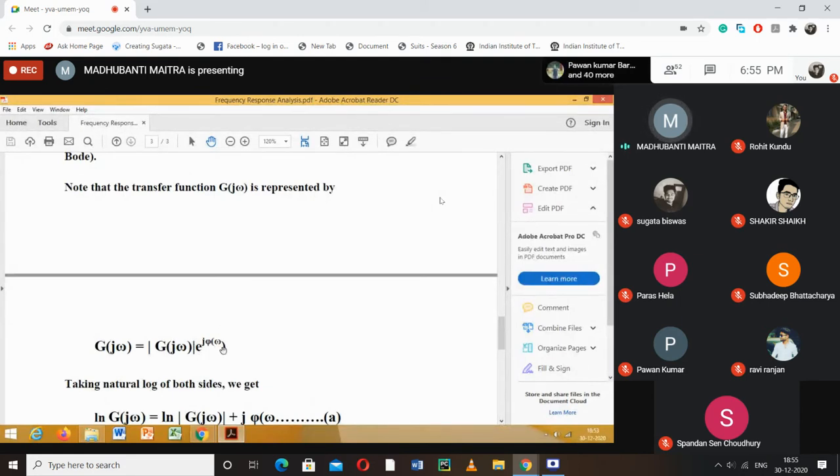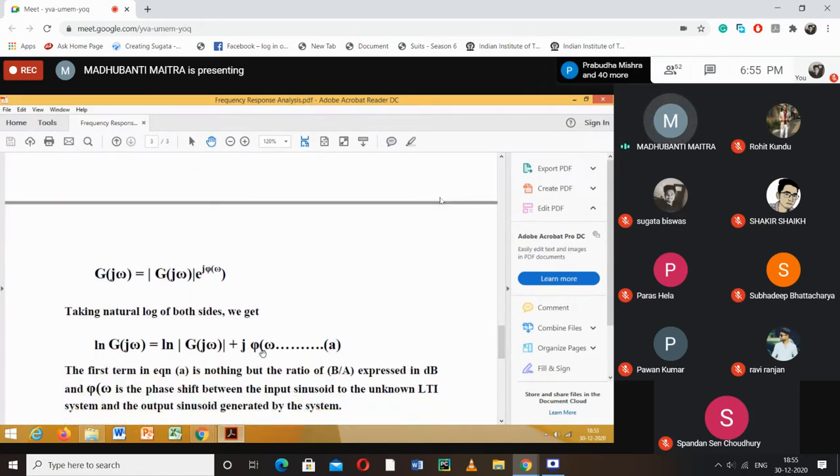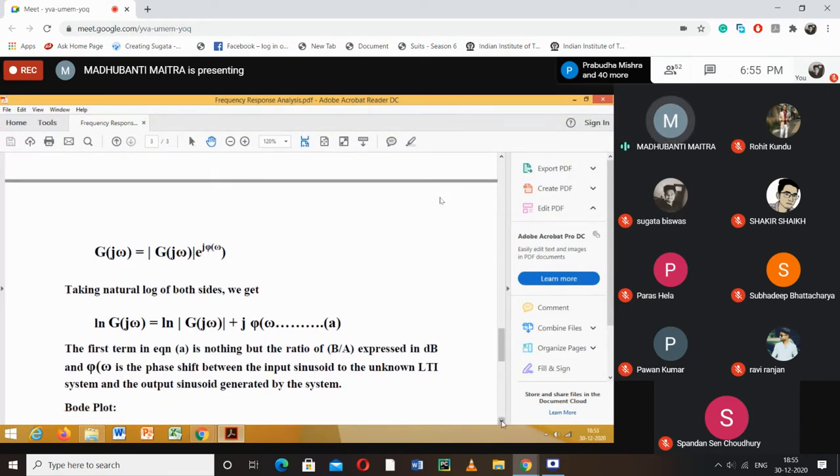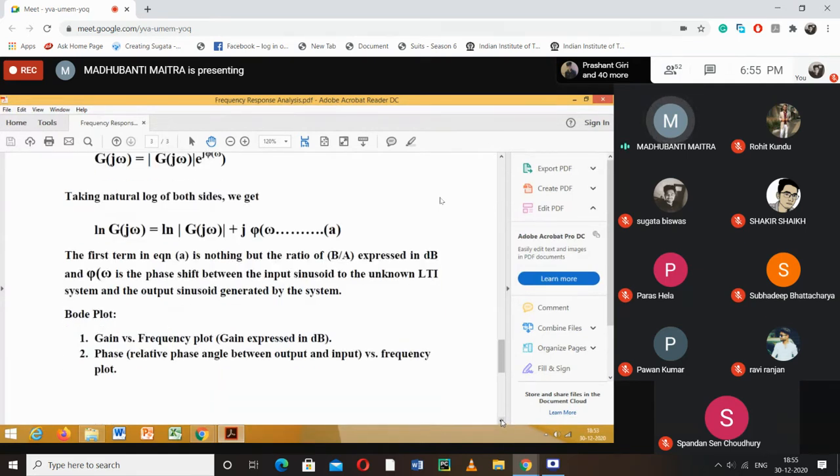So this is the form, magnitude and the phase angle. This bracket will not be here. Sorry. So this can be represented as this one. This is the gain part. This is the phase shift, the relative phase shift between the output and the input. So the Bode plot actually consists of two plots. One is the gain versus frequency plot.